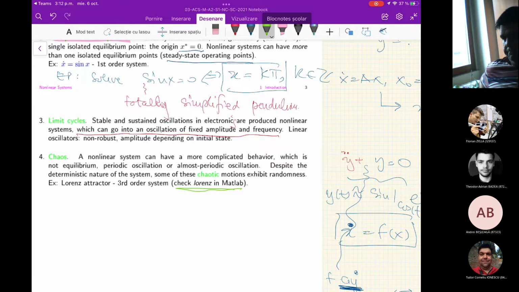This is nonlinear, so this is completely different. However, you'll understand some very interesting things and concepts. So what I do want to do now is just show you some plots, some graphs, some simulations.